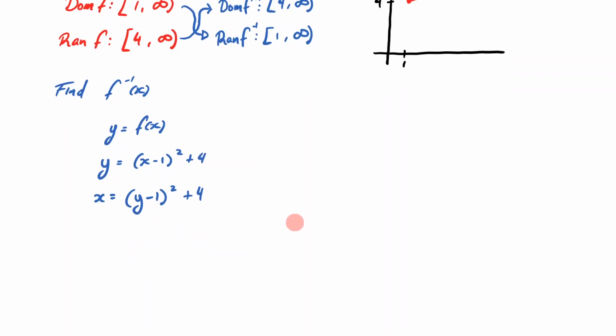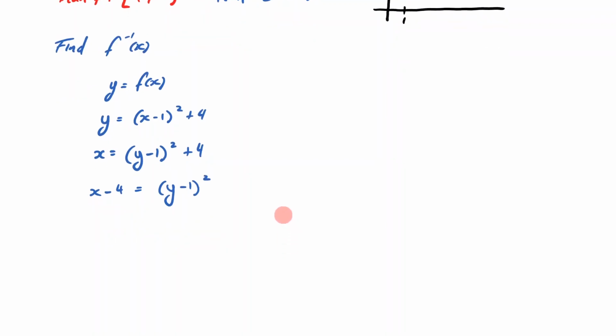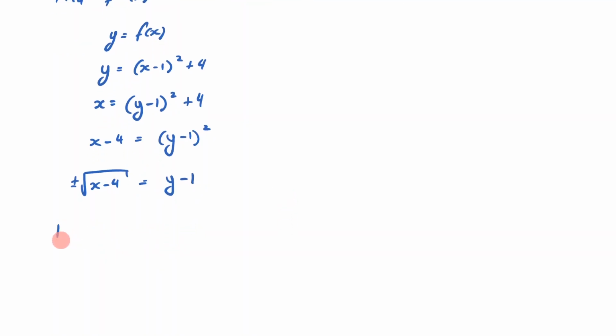And then you solve for y. So I'm going to get x minus 4 is equal to y minus 1 squared. Then I'm going to square root both sides to get rid of the square here. So I'm going to get plus or minus the square root of x minus 4 is equal to y minus 1, and then I'll add 1 to both sides. So I'm going to get 1 plus or minus the square root of x minus 4 is equal to y.